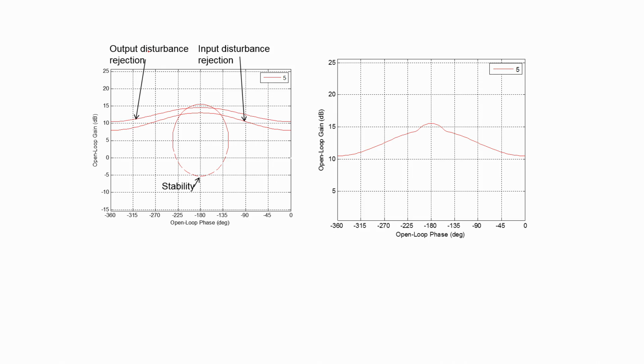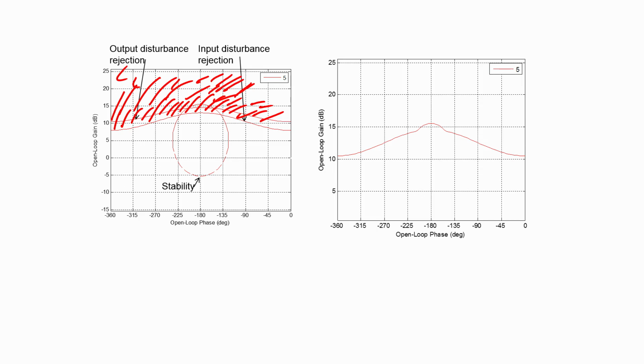Now, in order for the output disturbance rejection to be met, the loop gain should lie in this particular area. In order for the input disturbance rejection specification to be met, the loop gain should lie in this particular area that I am currently shading, which includes significant parts of the area where the loop gain can lie in order to satisfy the output disturbance specification.